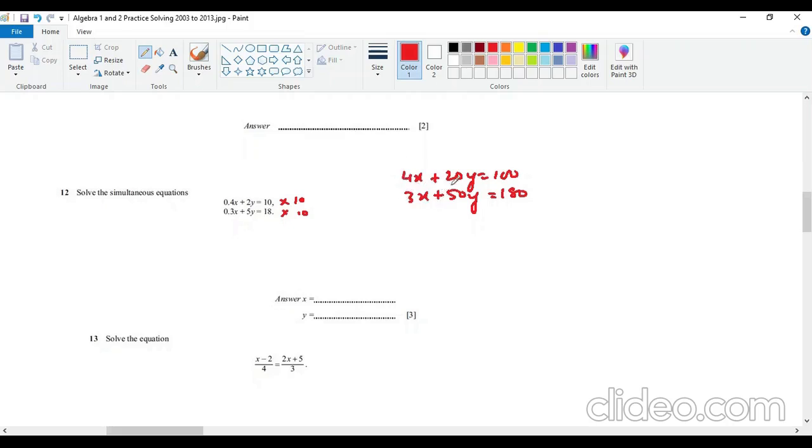For that, what I have in my mind is to multiply this equation by 3 both sides, and this by 4 to make x equal.